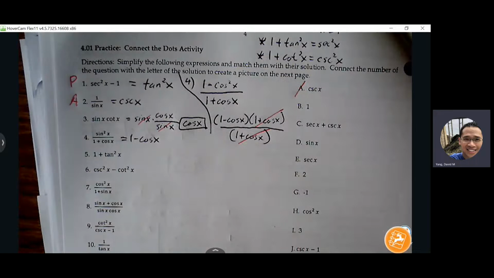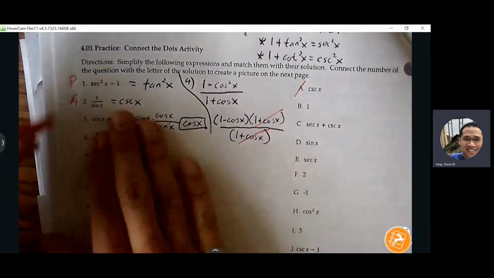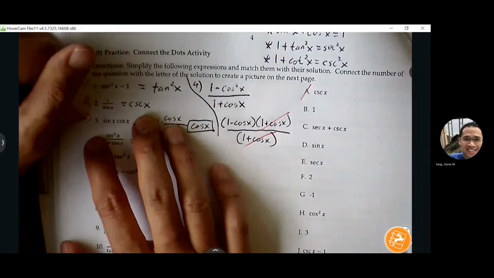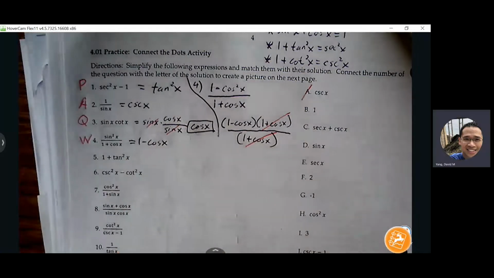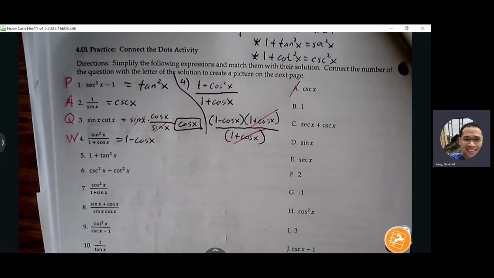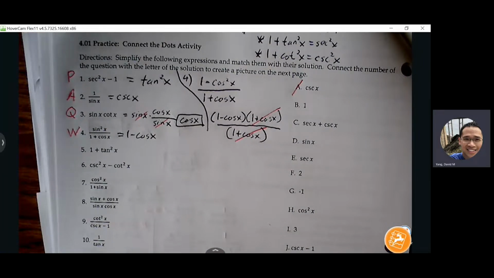Okay, so 3 ends up being Q, and 4 ends up being W. Okay, questions here?